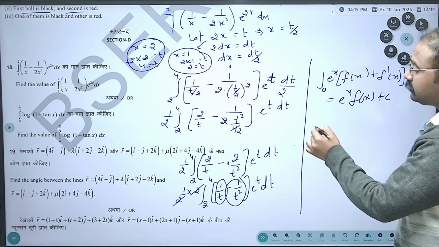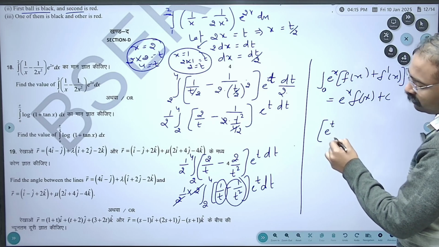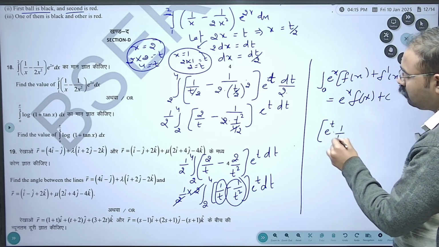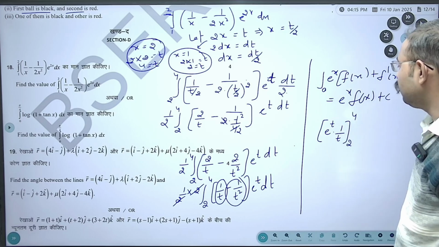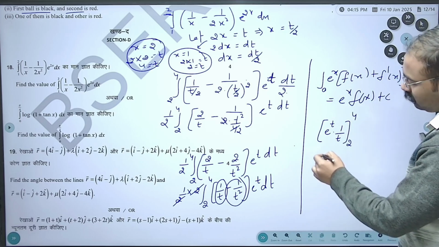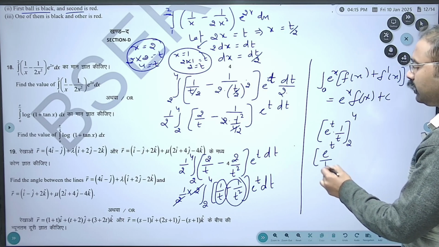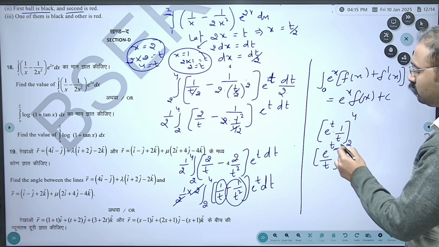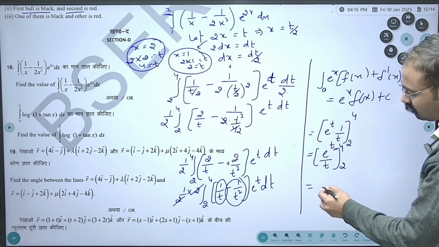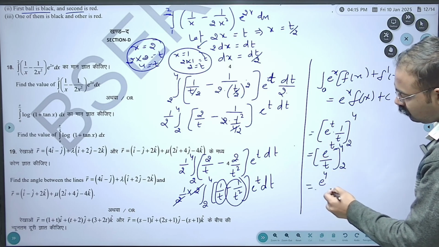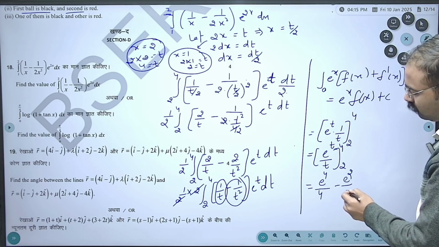So its integration will be e raised to the power t upon t with limit 2 to 4. Now by applying the limit, e raised to the power 4 upon 4 minus e raised to the power 2 upon 2.